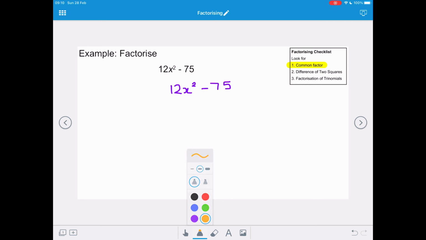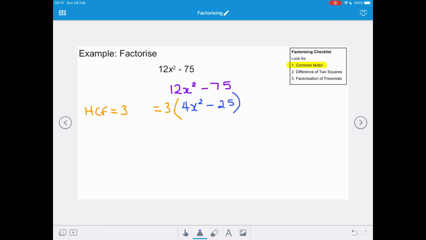So the highest common factor of 12 and negative 75 is 3. So what we're going to do is we're going to take that in front of our difference of two squares, because if we take out the 3, we end up with 4x squared, take away 25, which is now obviously a difference of two squares.